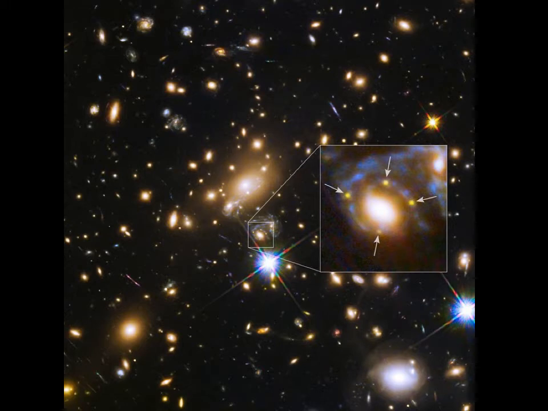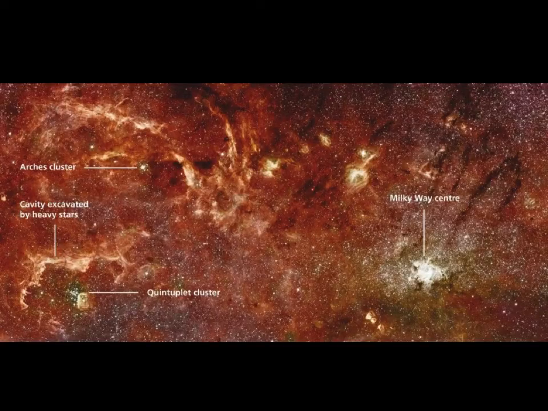So this image is the galactic center with what's called the Arches and Quintuplet star clusters. And what we're seeing here is intense wind and radiation forces from the massive stars in the Quintuplet have excavated the dense gas clouds surrounding the cluster. And look at the arrows.